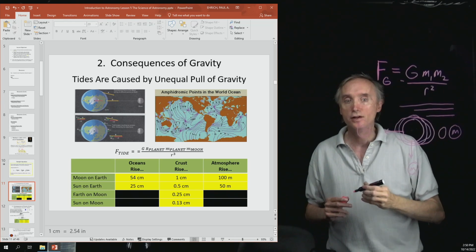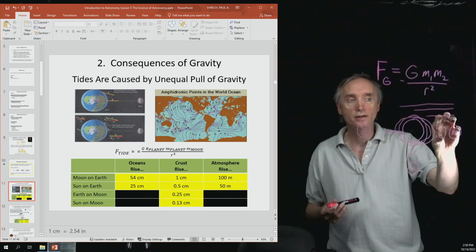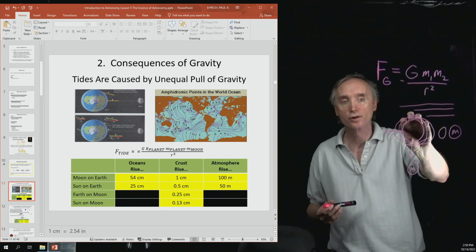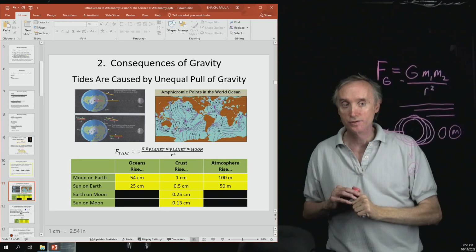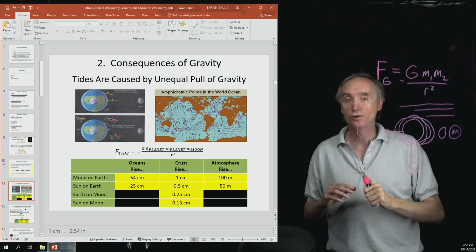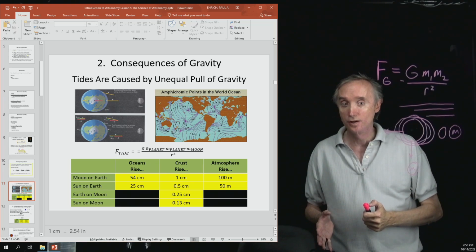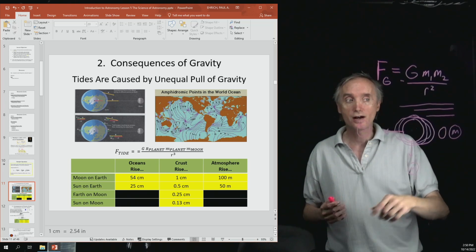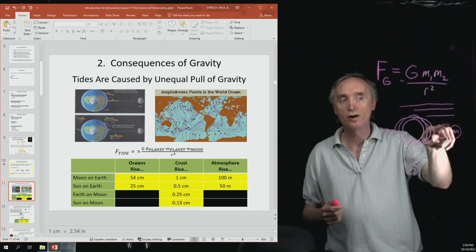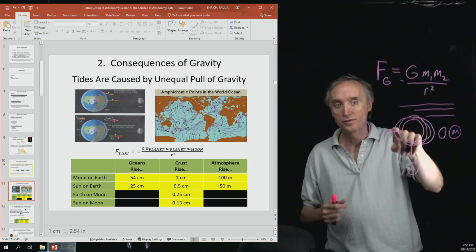Okay, so you see that the closer that the moon gets to the earth, the stronger the tides would get. And according to Newton's third law, the stronger the tides would be on the moon caused by the earth, so that the moon would begin to stretch.